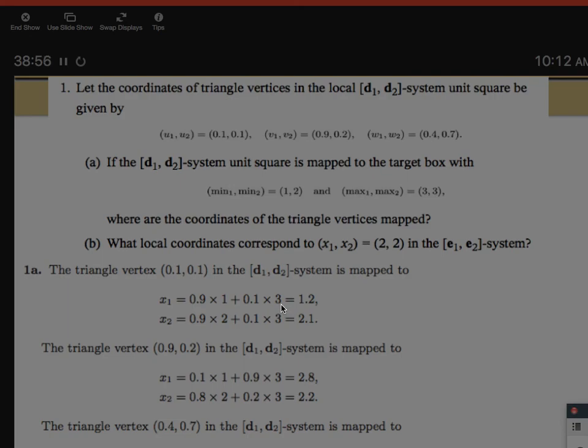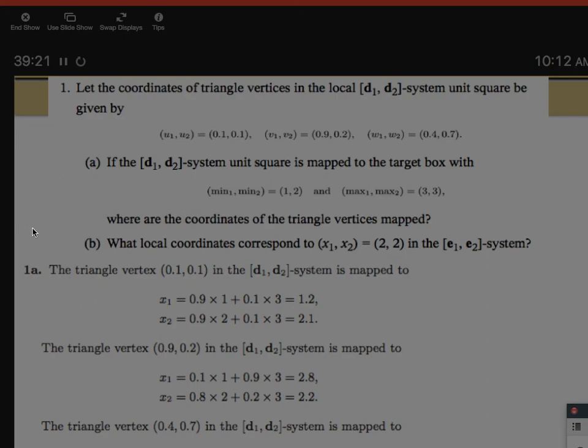I would have solved it the other way, but so this is 1 minus 0.1 times min plus 0.1 times max, right? There are 2 different formulas we gave in this chapter. This is using the other set. And once you have that formula, you just apply it to all 3 points, right? And this set goes there.